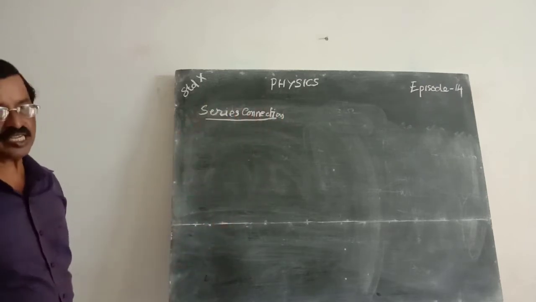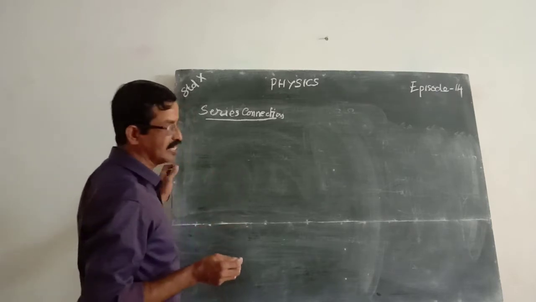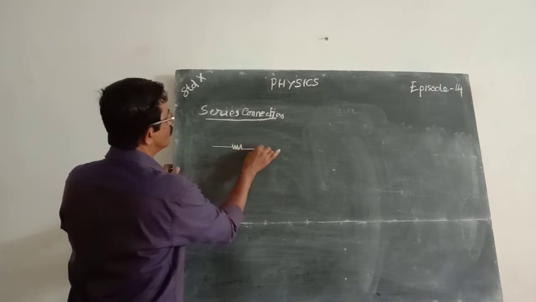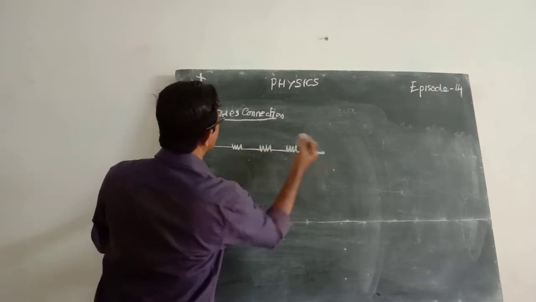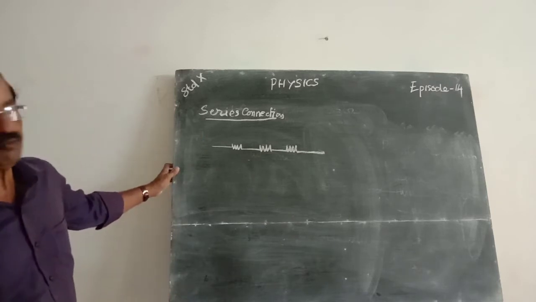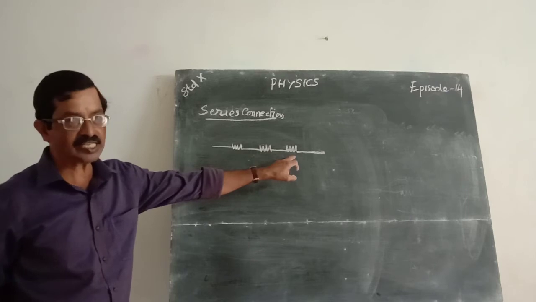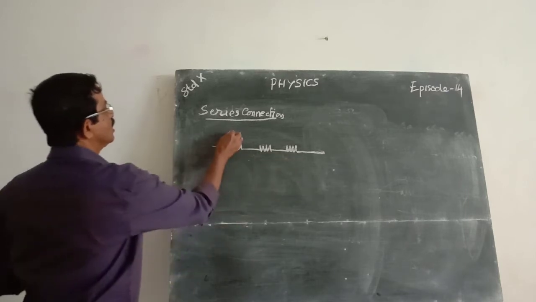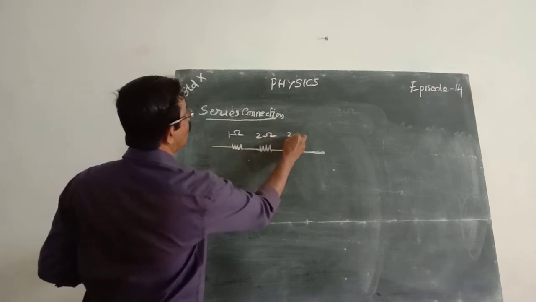Here we are taking three resistors: the first with 1 ohm, the second with 2 ohm, and the third with 3 ohm. We want to know the resultant or effective resistance of these three.